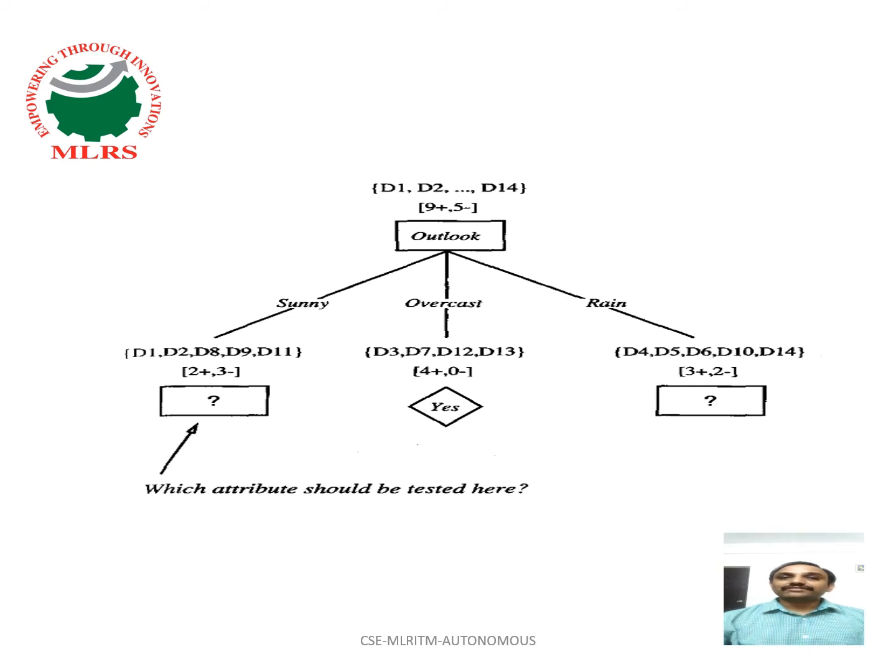Next, in the case of rain also, we are not getting an exact result. So there also we have to continue our process to select the next node. Overcast gives the correct result, and for sunny and rainy we have to continue our process.